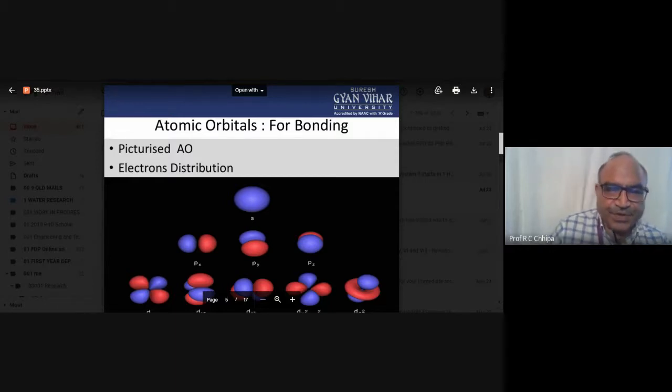So here we can see the different arrangement of the orbitals: 5 d atomic orbitals, 3 p atomic orbitals, and 1 s.